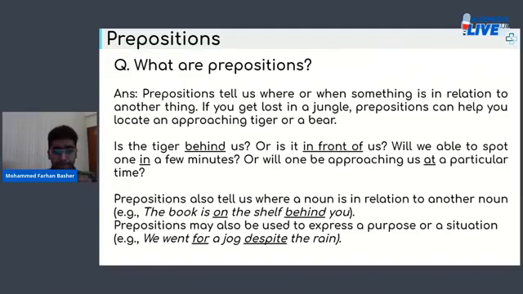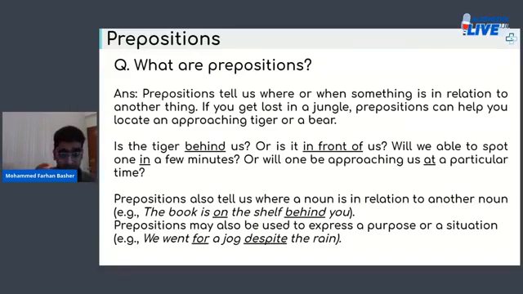So you use prepositions to help locate your predator. So you say, is the tiger behind us or is the tiger behind me? Maybe you're too afraid to look behind, right? So maybe there's a friend right in front of you and you ask that friend, is something behind me? So with the help of the word behind, you can actually locate if something is right behind you, right?